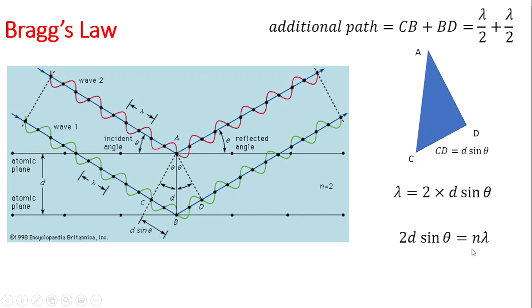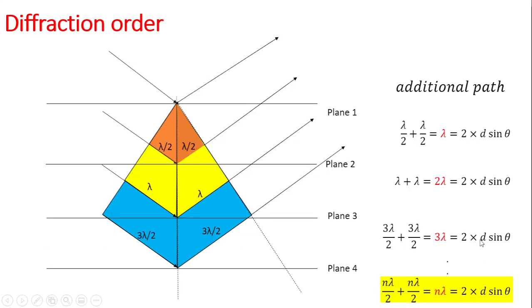Now let's see where this n comes from. When you consider just the consecutive planes, plane 1 and plane 2 as shown here, the additional path length traveled by the second wave is lambda by 2 plus lambda by 2, as we discussed in the previous slide. When you sum it up, you get lambda equals 2d sine theta. However, you can also consider plane 1 and plane 3, which also undergoes constructive interference.